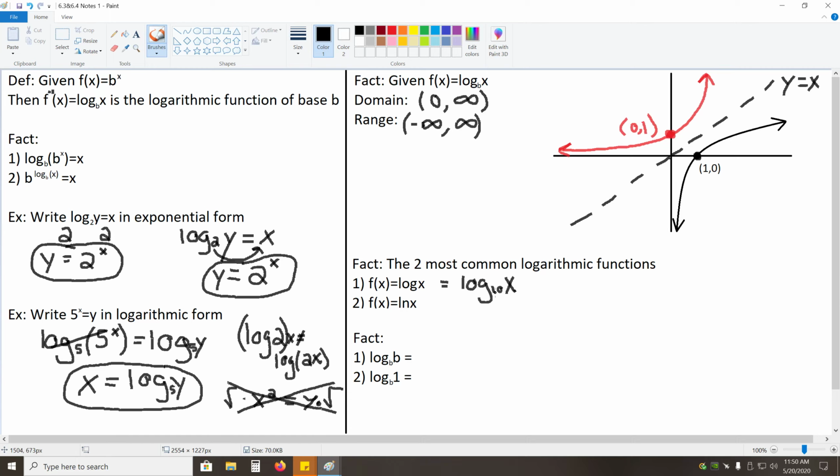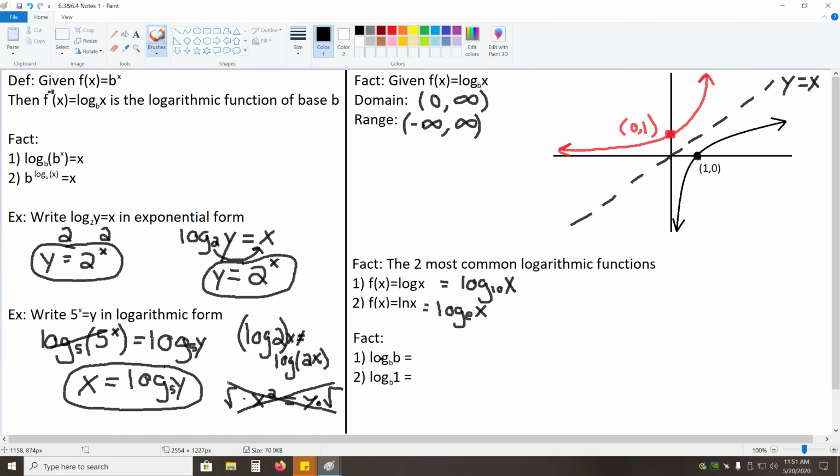It is implied that it's there. You just write log x. And likewise, ln x, or natural log of x, is the same thing as log base e of x. But again, we do not write the e. We use this shorthand notation, ln x, because these two are so common. They come up so often that we don't want to always keep writing these bases. It will be an implied base.